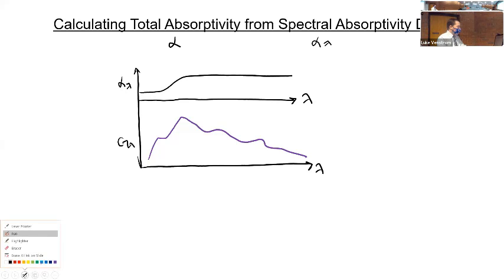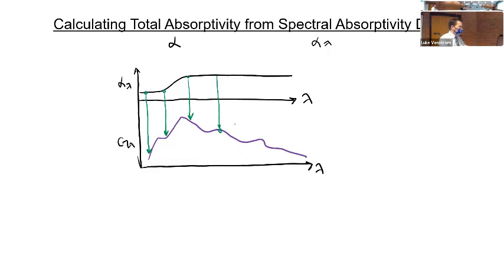So I have to go through wavelength by wavelength, and I take the spectral absorptivity and multiply it by whatever the value of G sub lambda is at that particular wavelength. I have to do this for every possible wavelength and add it all up, and that'll be what's absorbed. So when I add it all up, I'm integrating over all possible wavelengths alpha lambda G sub lambda.